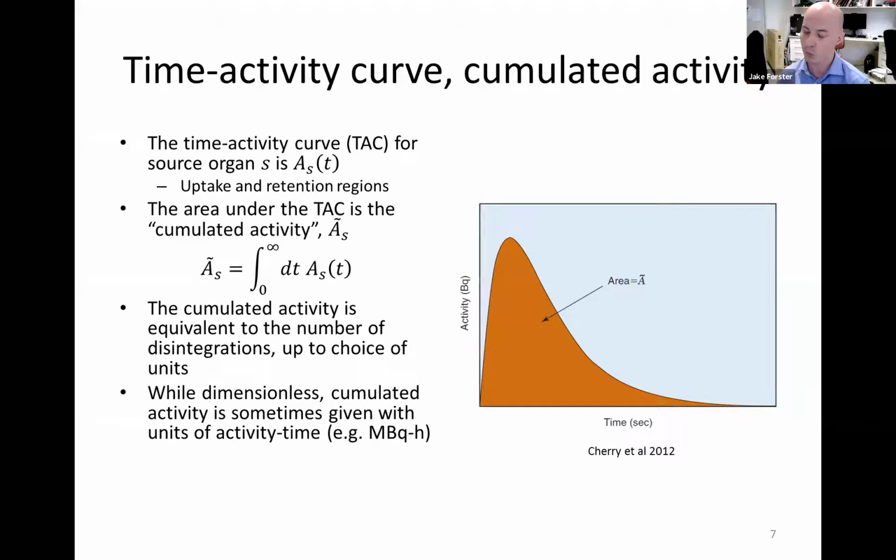But in general, you might see these time activity curves presented with different units. The activity could be in megabecquerels, for example, and the time could be in hours. So in that case, your cumulated activity would have units of megabecquerel hours. But what's important to note is that the cumulated activity is just equal to the number of disintegrations in the source organ up to some choice of units. So this is really a dimensionless quantity, even though you can see it given with units.